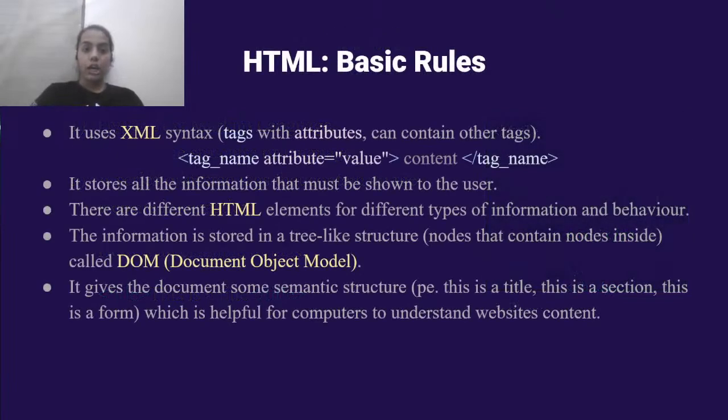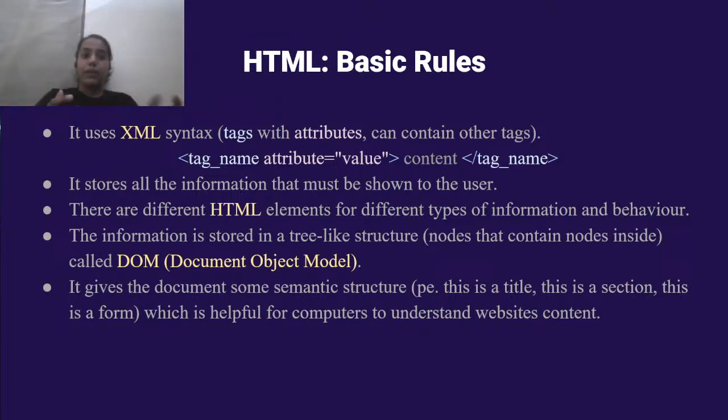Moving on, we'll be learning some basic rules in HTML. The basic rule in HTML, like I said earlier, is that it uses the XML syntax, that is tags with attributes which can contain other tags too.